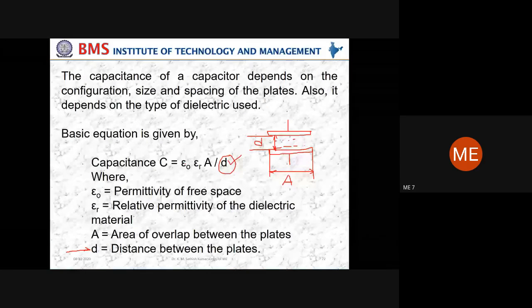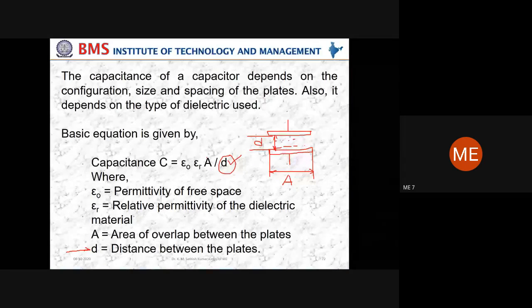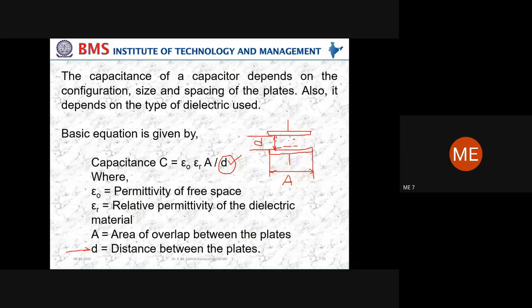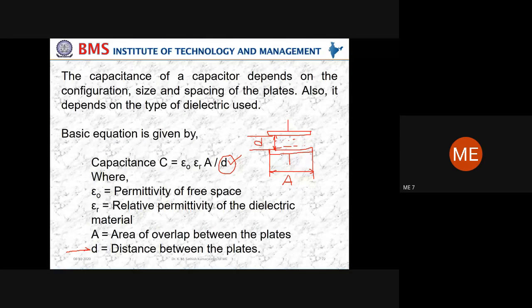Epsilon naught is constant. Relative permittivity of the dielectric medium, the same dielectric medium I am going to use. Area of overlap also I am not going to change. At a particular instant, I am only shifting one of the plates by a distance equal to x, like this.